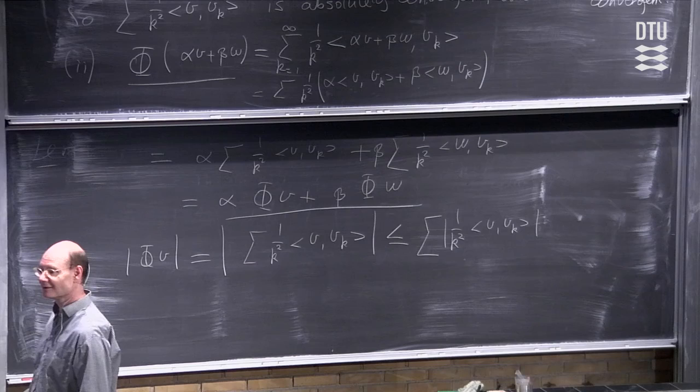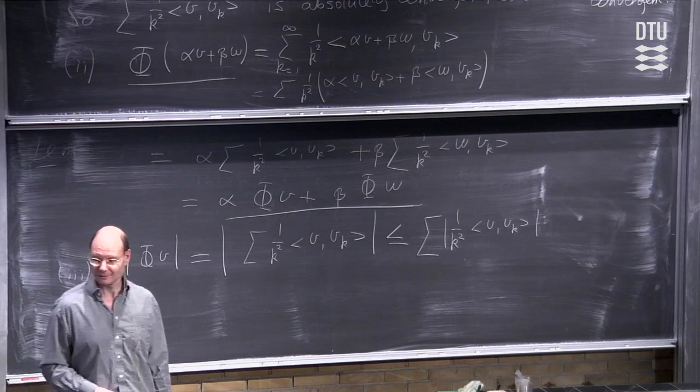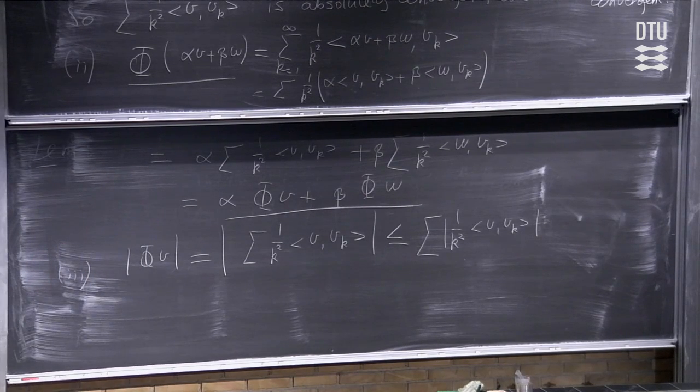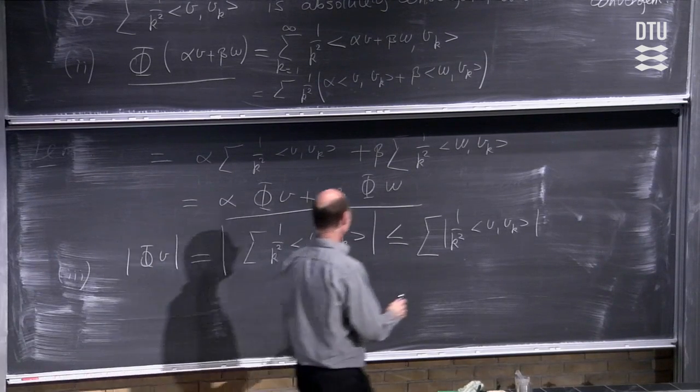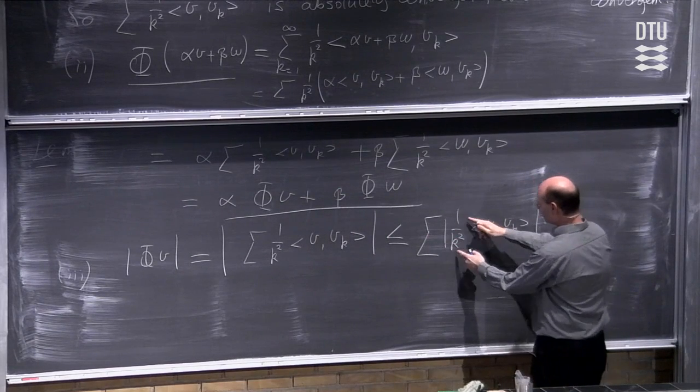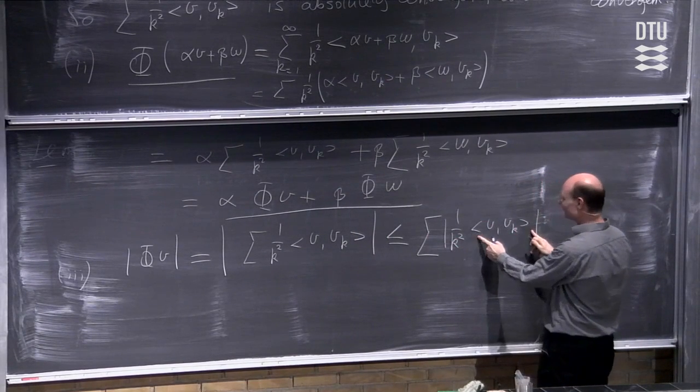Yeah, then we can do the same as we did before. Hopefully you will not do the same, but just look at what we did before, and then we can use that. Yes, exactly. So look at what we have here. This is the sum of the absolute value of 1 divided by k to the power 2 times the inner product.